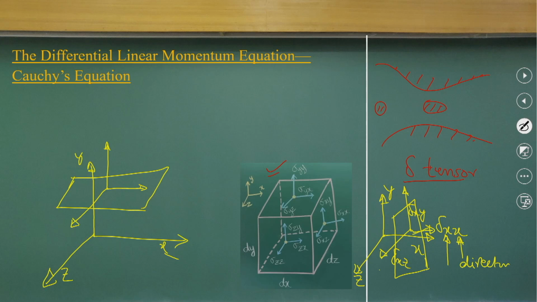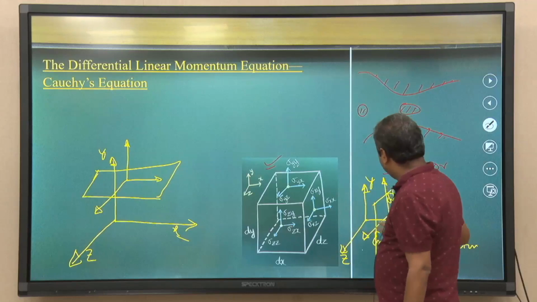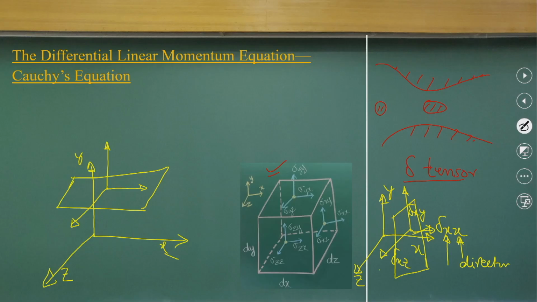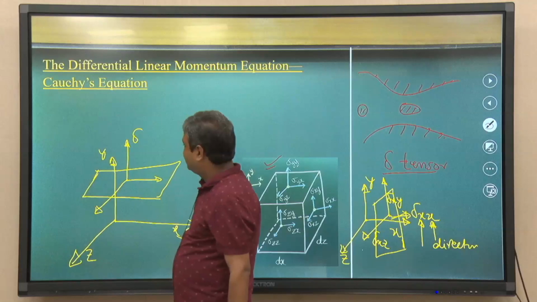Now, I can ask my students, they can tell what these components are. In case of the x plane, we get sigma x x, sigma x y, sigma x z. Now, if I ask my students who are there in this class, what will be this sigma?